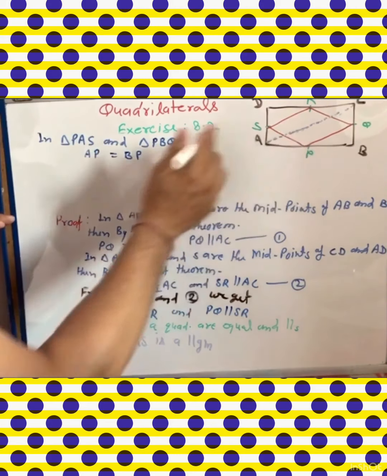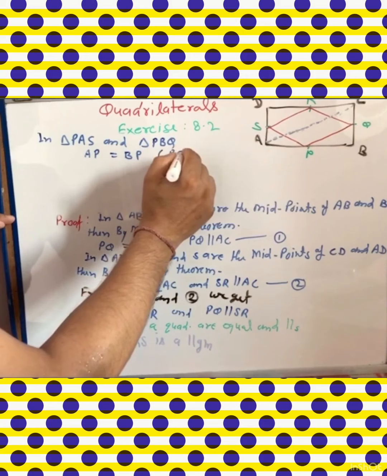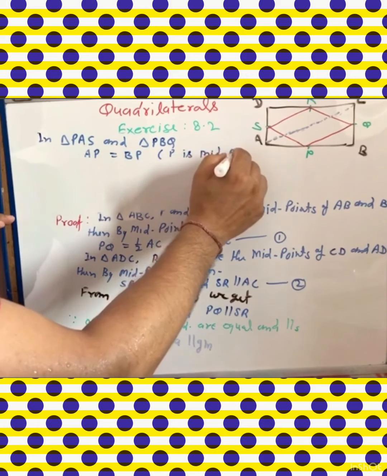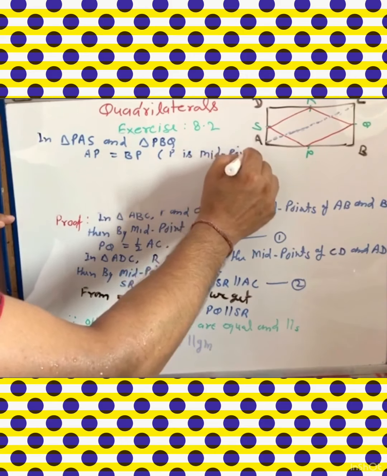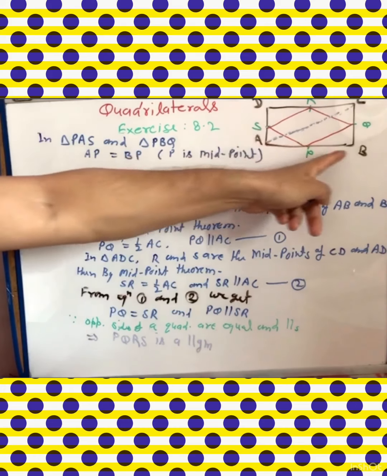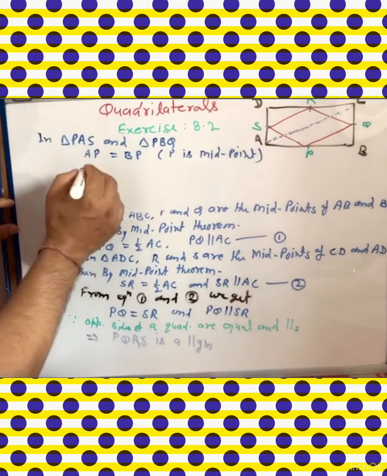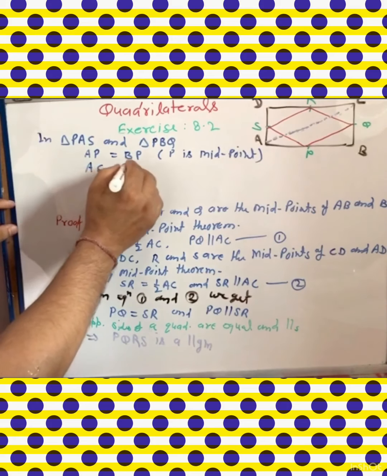Why? Because P is the midpoint. Okay. And next, AS equal to BQ.